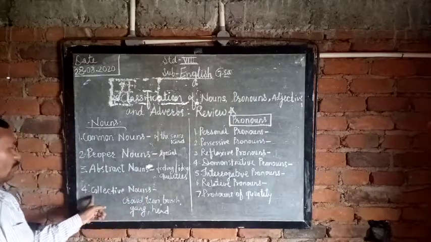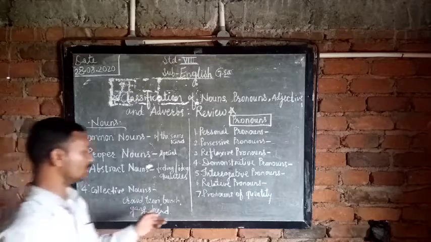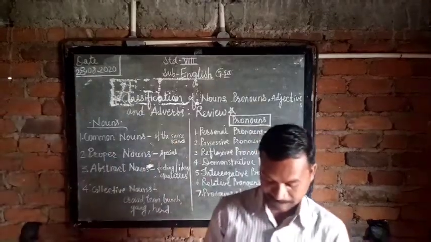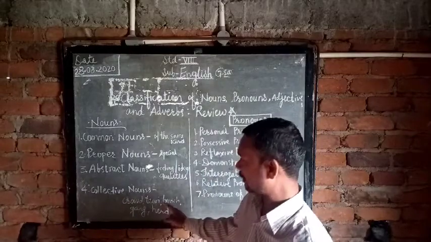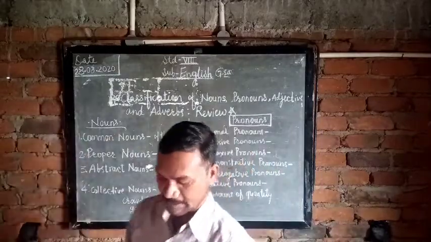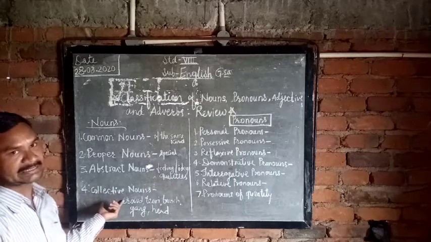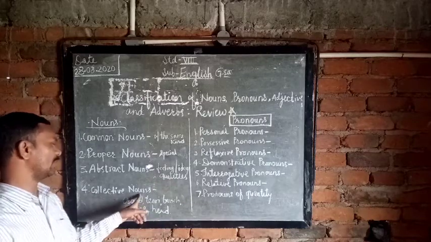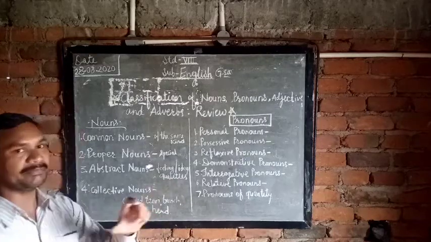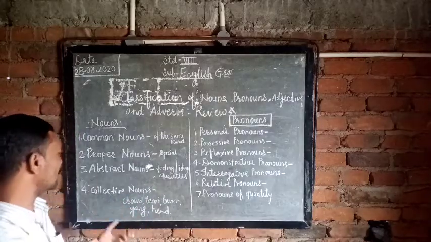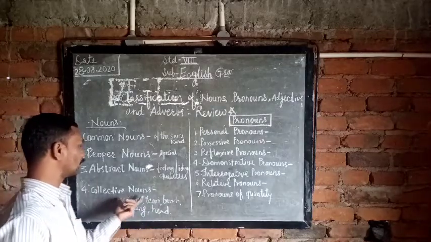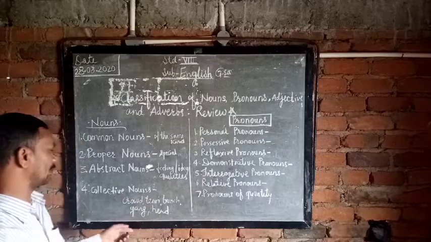Okay. Now collective nouns. This is also an easy one. Collective nouns are names of a group of people or things. We do not give one particular thing or person, because this is a group of things or animals.